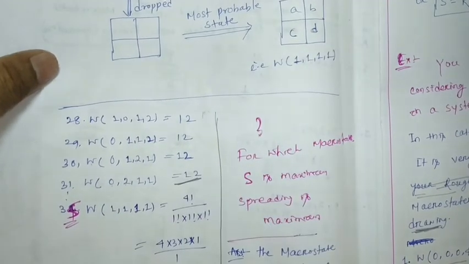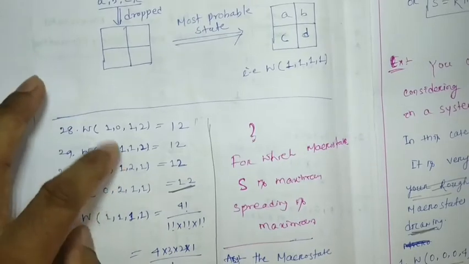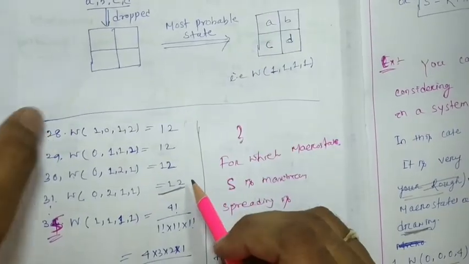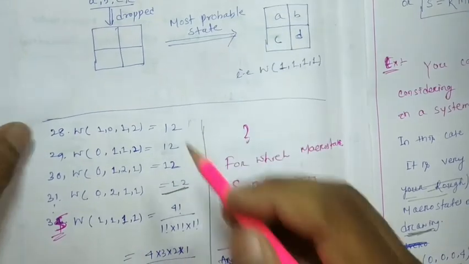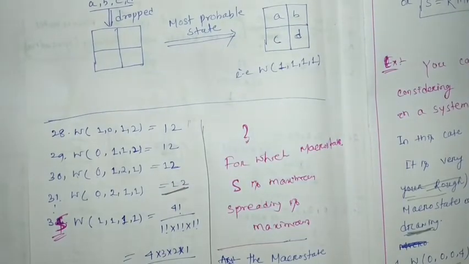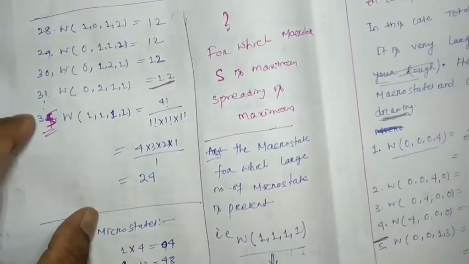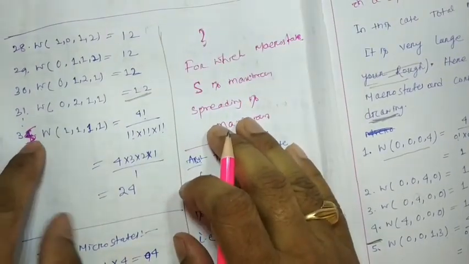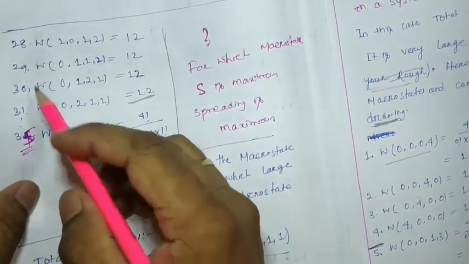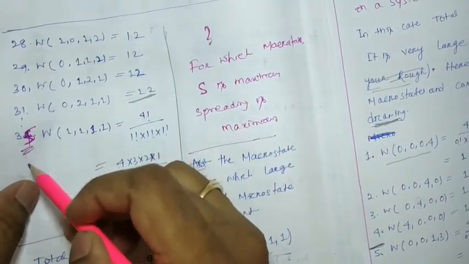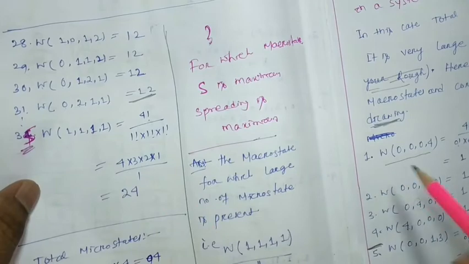Up to this much, all the macrostates have 12 microstates. So the total will be 35. Whenever you count correctly, the total number of possible macrostates is 35.